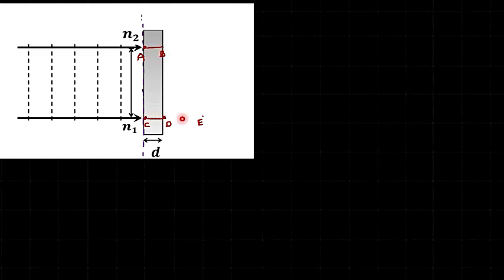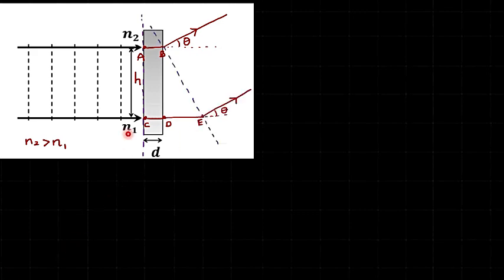The ray from n1 will come outside and it will actually go in a curve, but for the approximation I have drawn a straight path. Already the ray had curved this way, and when both have come out of the slab, they will move in a straight line, and perpendicular to their direction there would be the wavefront.